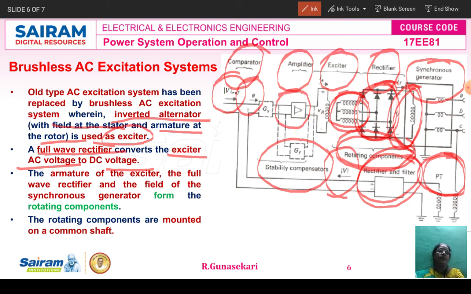Then the amplified signal is fed to the field winding of the exciter. Then the output of the exciter is rectified to DC voltage. That DC voltage is fed to the main field winding of the synchronous generator. So this is the procedure for the brushless AC excitation system.